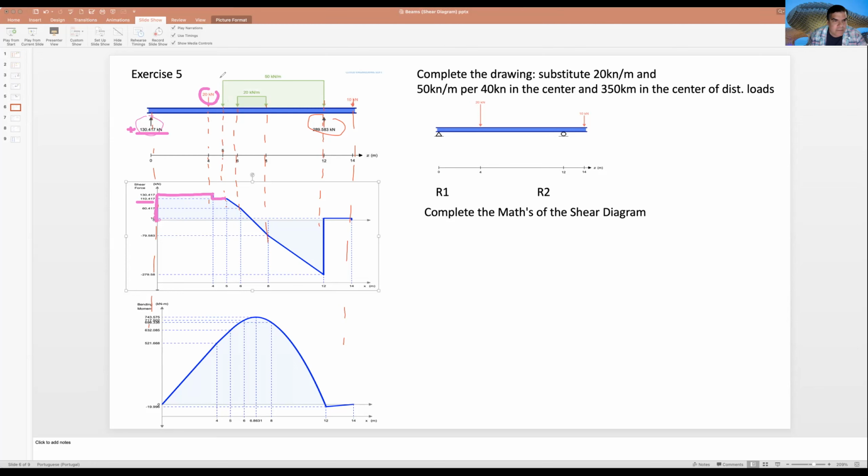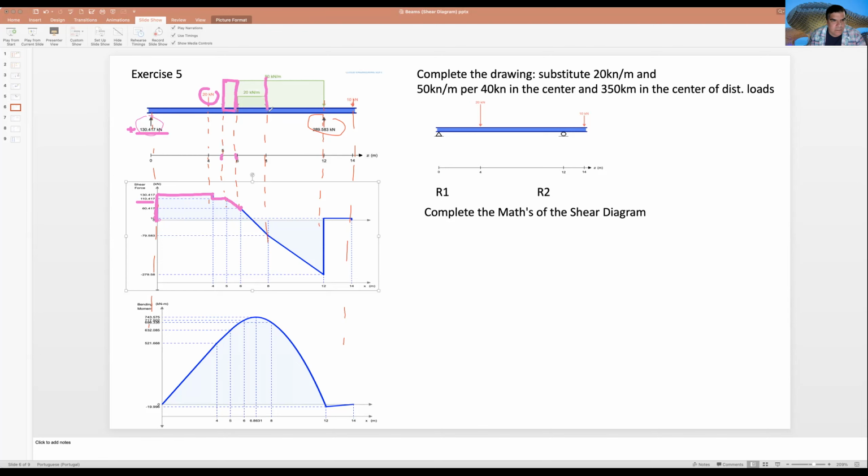We have the first part of a distributed load. This is the first part. Here we have 50 pounds multiplied by the distance, that is 1, is 50. Well, I need to go down 50. From 110, I arrive at 60. I put this point, and after I put the two points together, this is the first line.